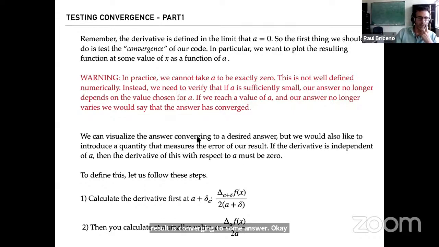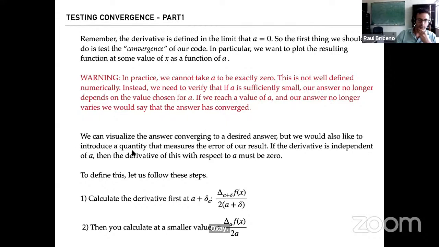So we're going to see at least a visualization that our result is converging to a desired answer. And in addition to this, we would like to introduce some quantities that give us a measure of the error of our result.